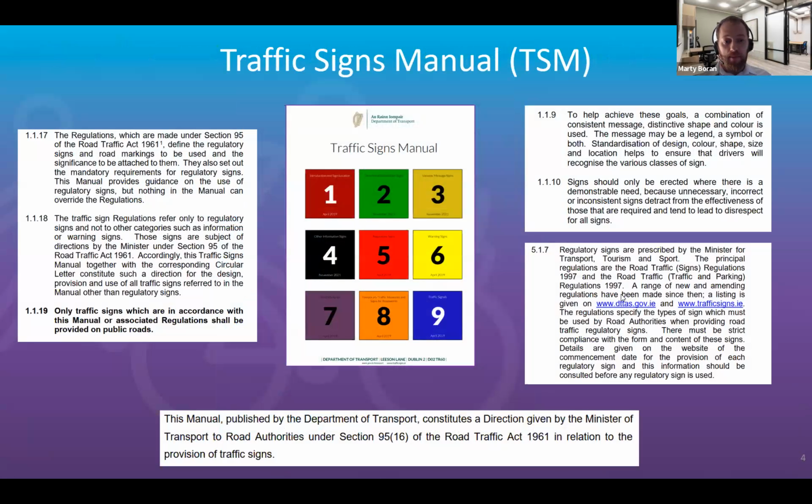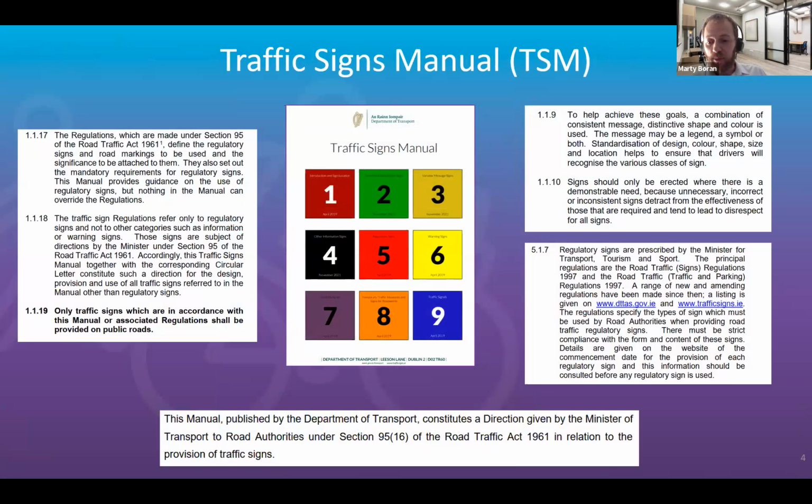Okay, so TSM, most people will be aware of that in the industry. Really just three things here we wanted to pick up. First one, it is derived from ministerial direction, under Section 95 of the Road Traffic Act. It's not a guidance document, which I've heard over the years, so it's very important.